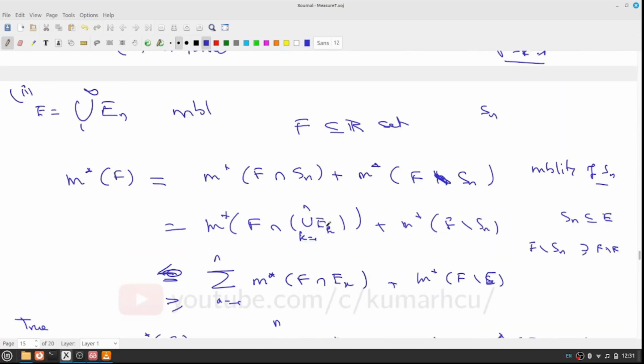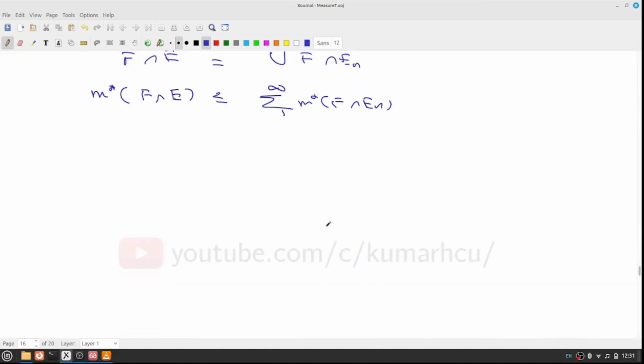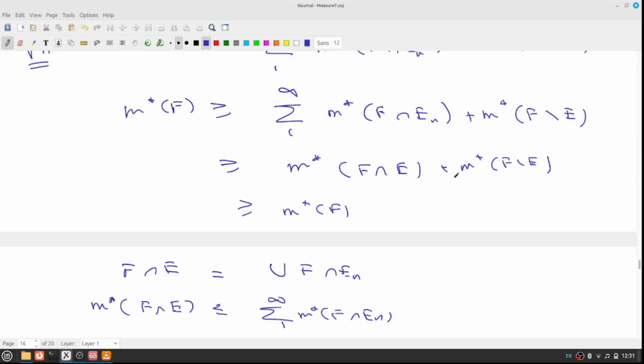What is the equality we wanted to prove? Again, please make sure you are understanding. We wanted to prove whether m star of F is equal to m star of F intersection E plus m star of F minus E. So, have you done that?